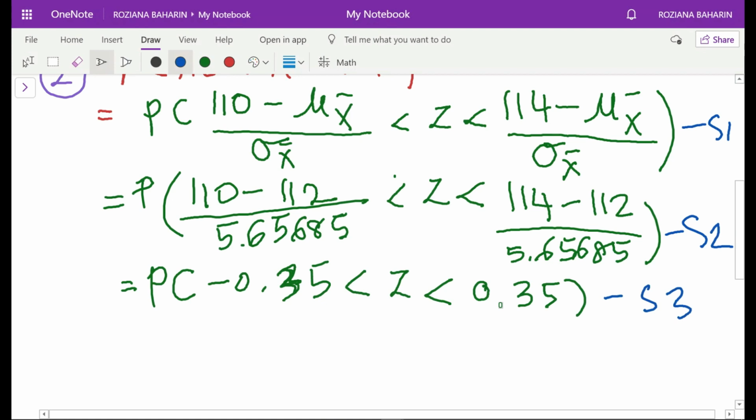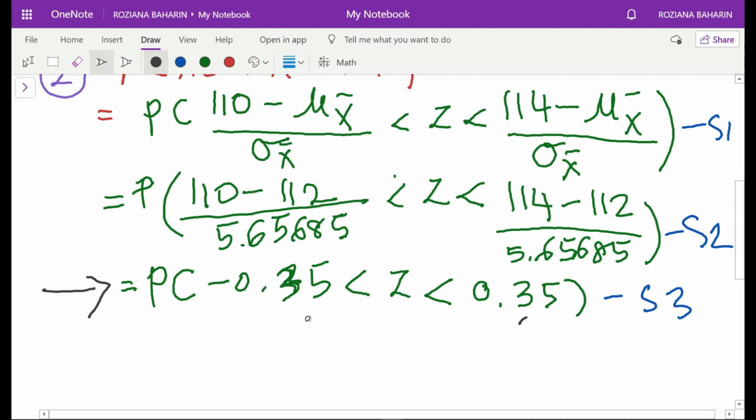This is the problem that students face when it comes to this part, where you need to find the probability of in-between values. You have a right hand side value and a left hand side value. So you have to find the probability of Z more than negative 0.35 and less than 0.35.